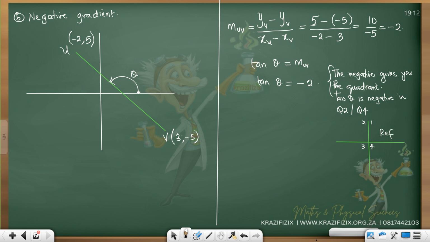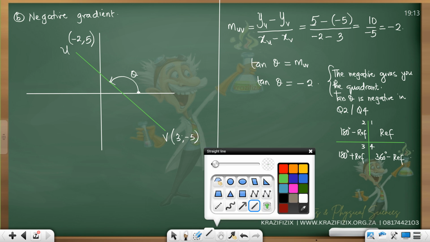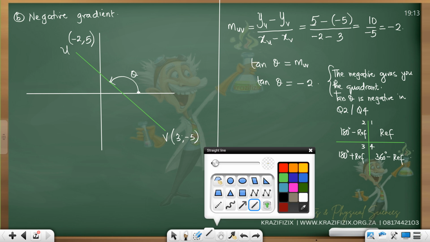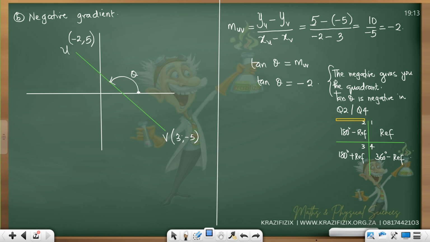Here we said it is reference. Here it is 180 minus reference. Here it is 180 plus reference, just rewriting all of this. Here it's 360 minus reference. All right, guys, we are always going to be working in this quadrant. Just quadrant number 2. Always. They're going to work here.